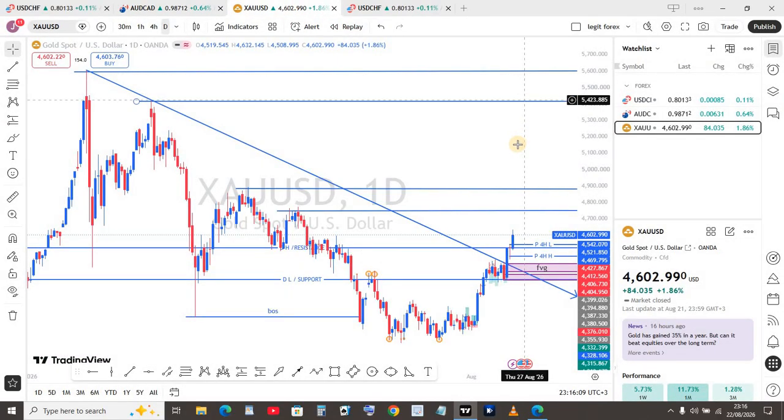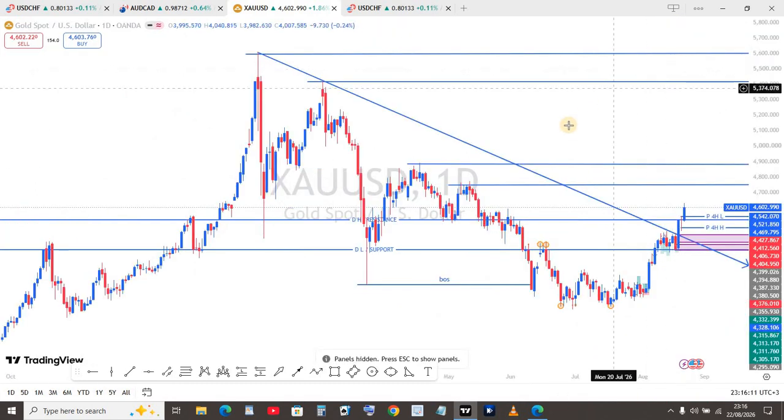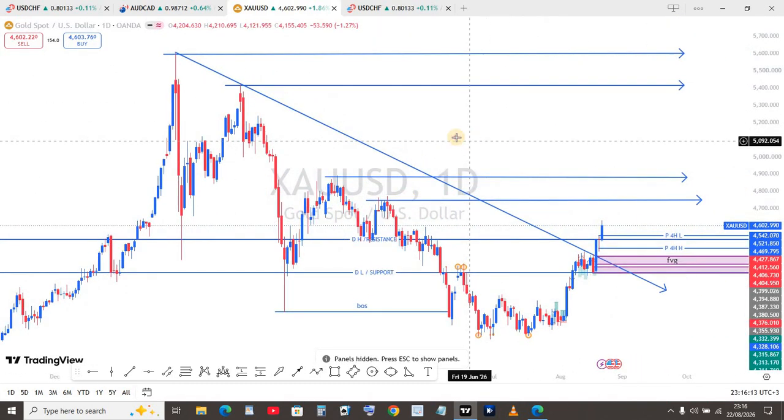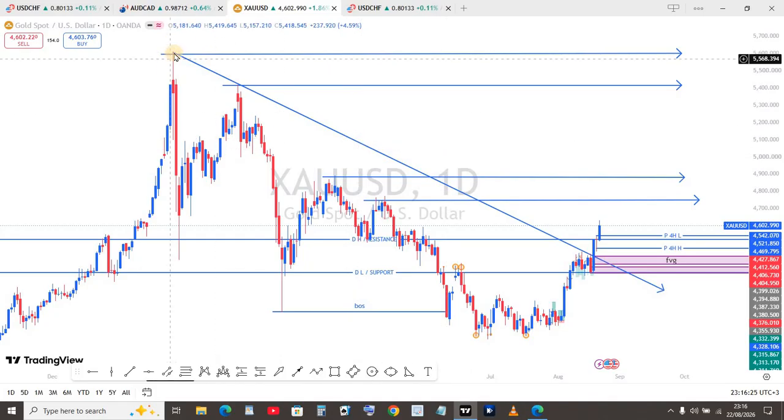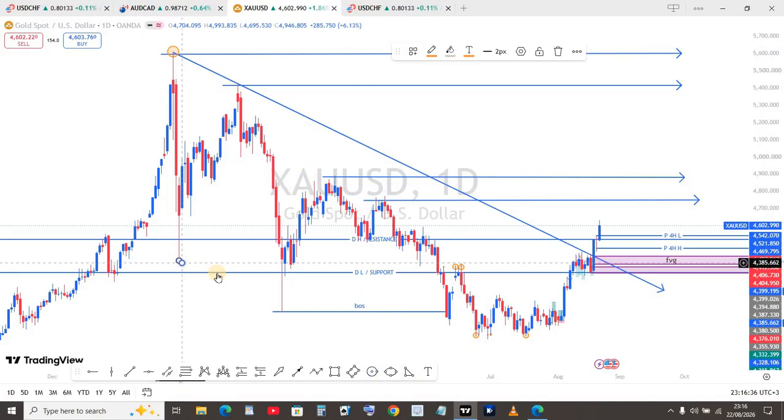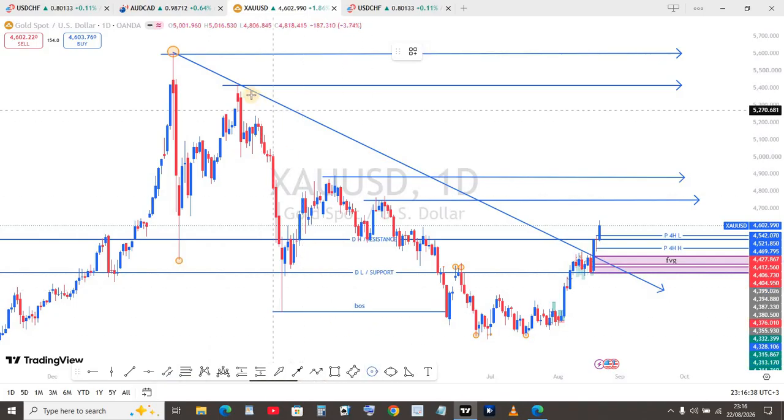On XAU USD, this is our daily chart, and I had already started analyzing it. Just remember that I'm supposed to record a video about this. You can see that on our daily time frame on XAU USD, we had this lower high, and we had a lower low again, and then we also have a lower high.